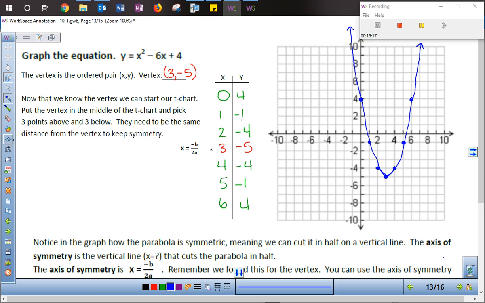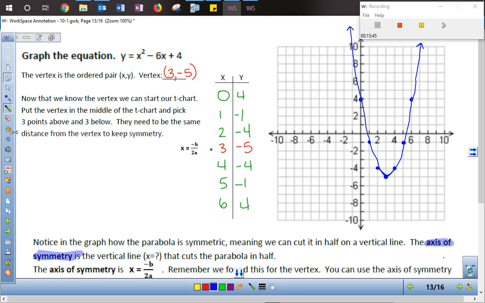Now, like I said before, everything is centered around this vertex. This means that my graph is symmetric. And it's symmetric meaning that I could fold it in half and everything on this side of the graph would map exactly to everything on this side of the graph. Now, we can cut it in half on this vertical line or fold it in half on this vertical line, and that line is called the axis of symmetry.